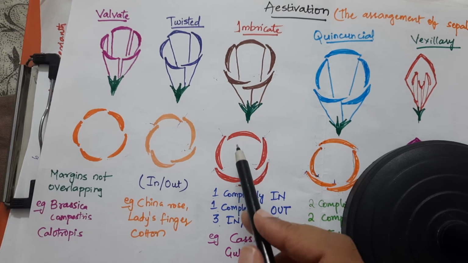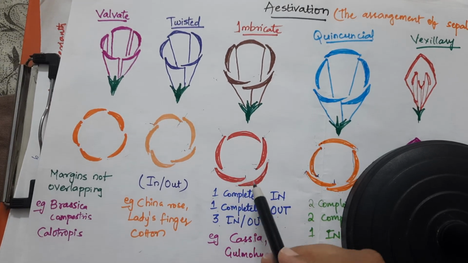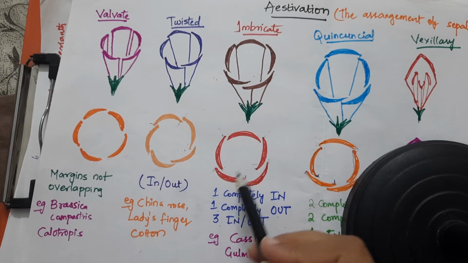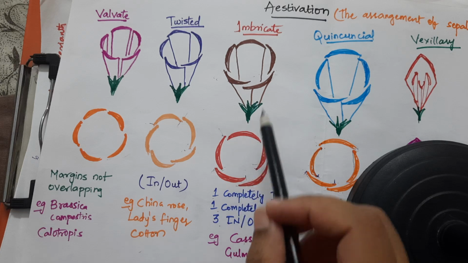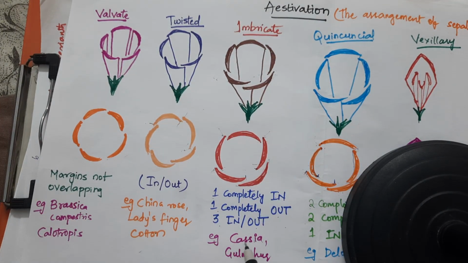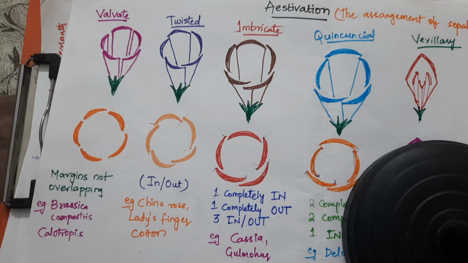So one is completely in, one is completely out, and in these three the in and out condition is seen. This type of estivation we call the imbricate estivation, which we can see in cassia and gulmohar. These are examples for the imbricate estivation.